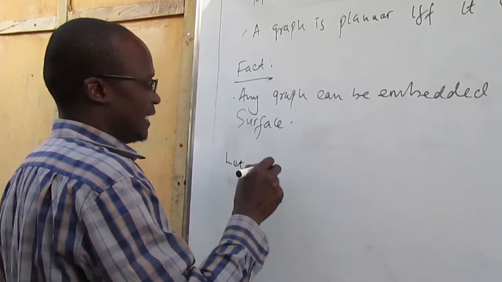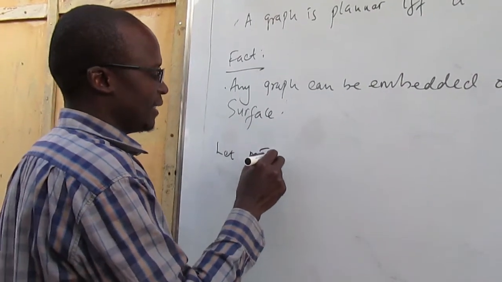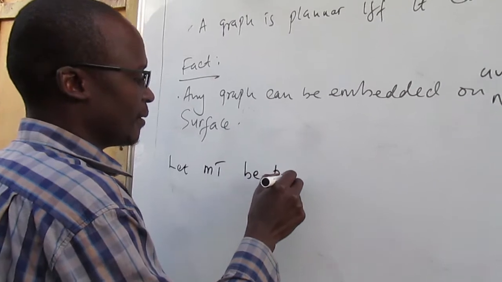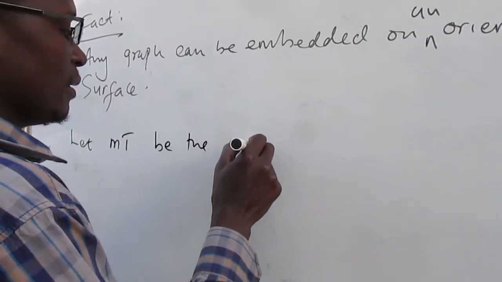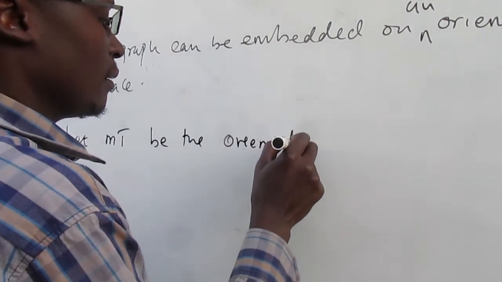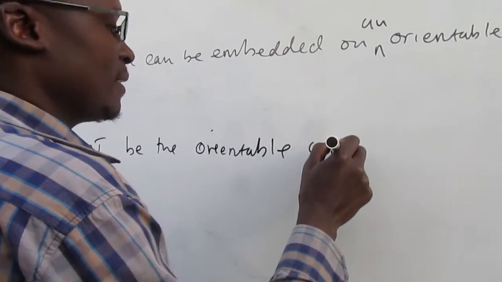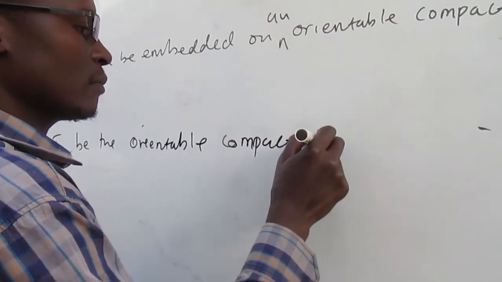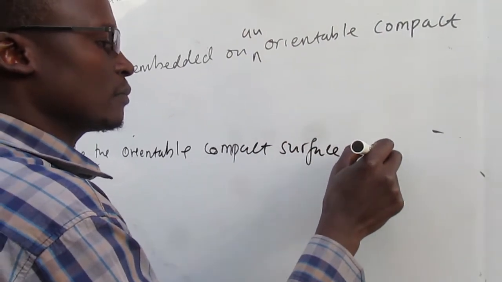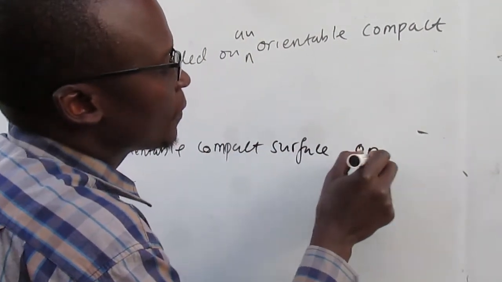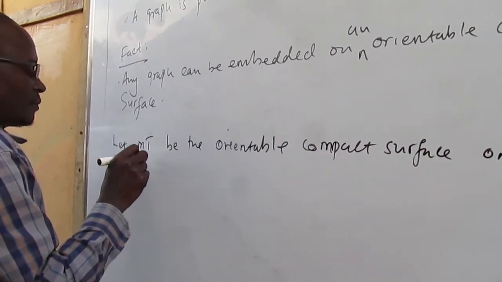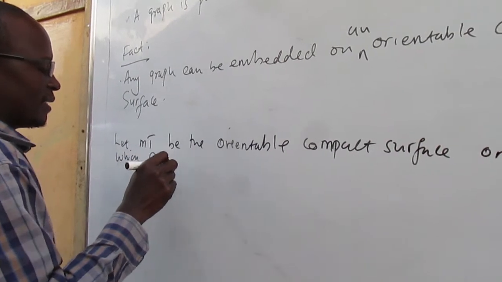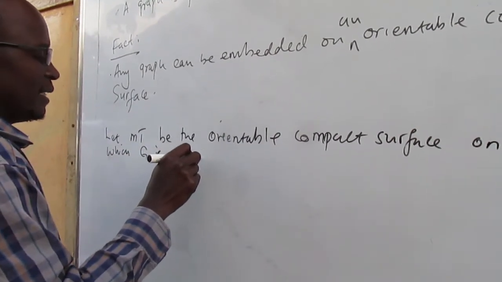So let M be the orientable compact surface on which G can be embedded.